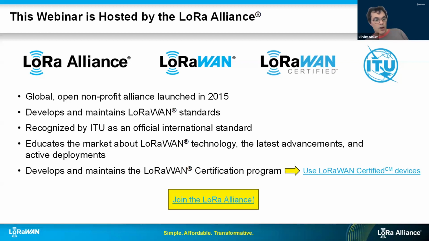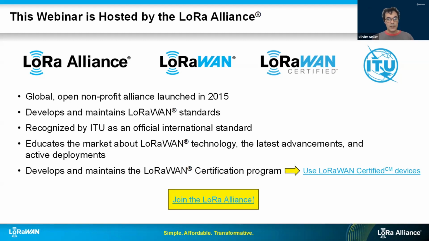The LoRa Alliance is recognized by the ITU as an official international standard. Our LoRaWAN spec has been transposed into an ITU-T recommendation. We also educate the market about the LoRaWAN technology, its latest advancements, and its active deployment. Education is what we are doing right now, today.